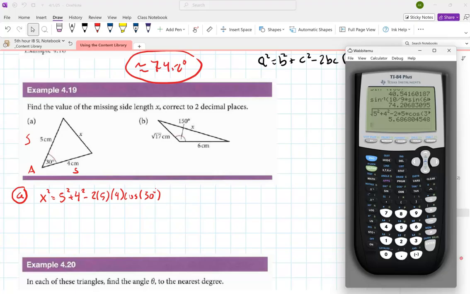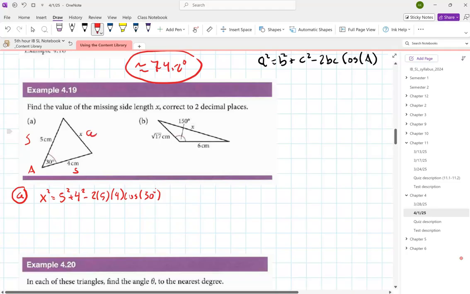If I call this guy angle A, that side opposite has to be side A. If this is side B, the side opposite has to be side B. If that's angle C, then the side opposite has to be little c. That's the only thing you have to worry about for consistency. But after that, you relabel things if you need to, whatever makes it easy. It's just names. The convention of how we're doing the naming is important, but the labels you're putting on there are not important as long as you're following the convention.